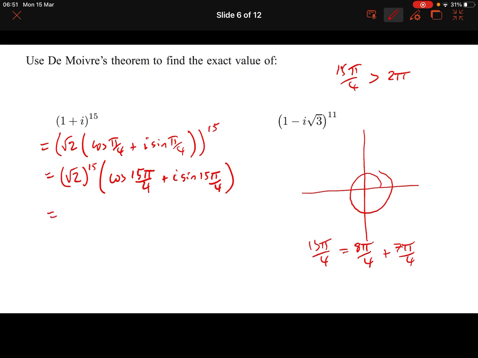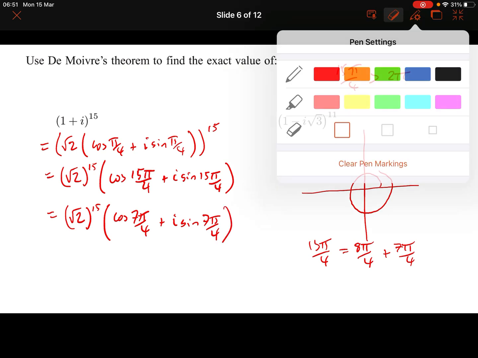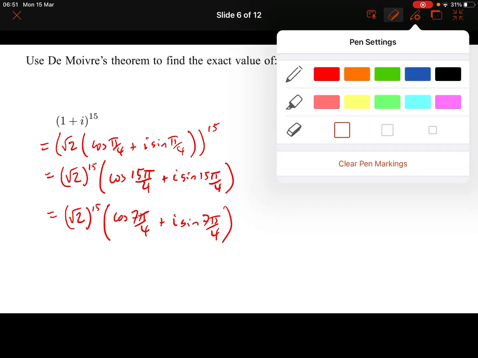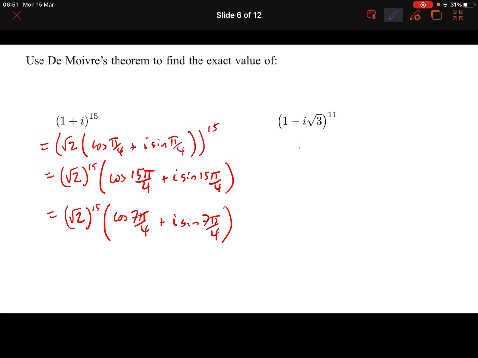So I'm going to rewrite this as root 2 to the power of 15 of cosine 7 pi over 4 plus i sine of 7 pi over 4, because now that helps me work out what those values are. So let's do cosine.